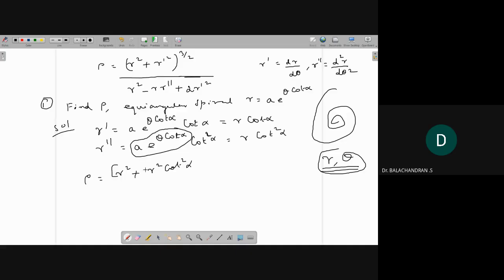So r square plus r square cot square alpha whole power 3 by 2, divided by r square, which we keep as it is, minus r into r double dash. Multiply this one by r, so minus r square into cot square alpha, and plus 2 into r dash square. R dash square is r square cot square alpha.